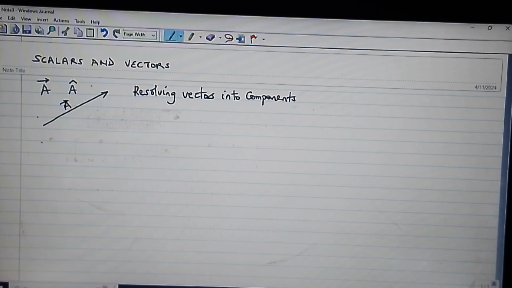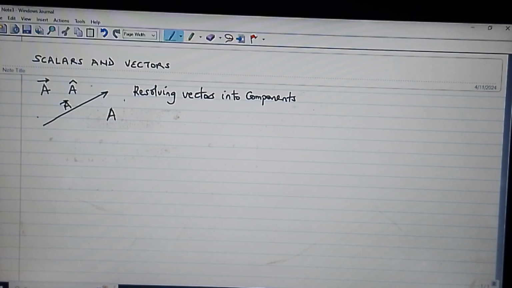So just the way you have different parts making up a single body, the same way you can apply for the vector A. It has different parts that make up this vector. And we can conveniently represent the vector either in 2 dimensions or in 3 dimensions using the Cartesian coordinate system.